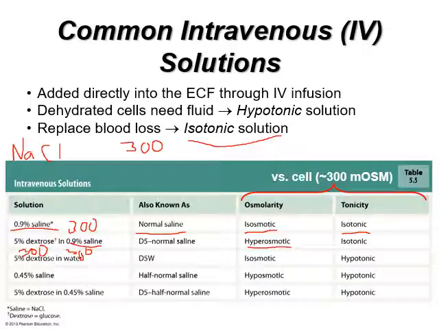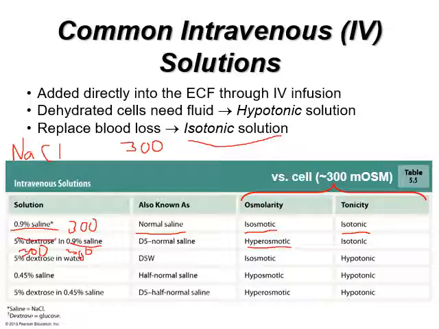But I will let you know you can consider dextrose as penetrating. Again, when we talk tonicity, what do we care about? When we talk tonicity, all we care about is the non-penetrating solutes. The non-penetrating solutes of a solution is going to tell you what's going to happen with water. And in this solution, 5% dextrose is penetrating.